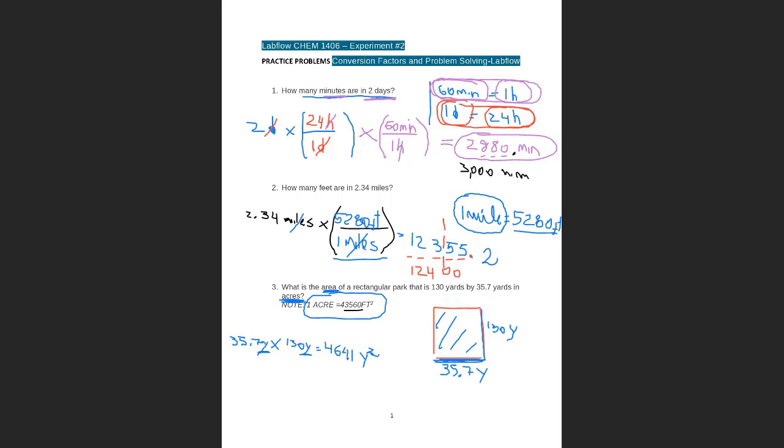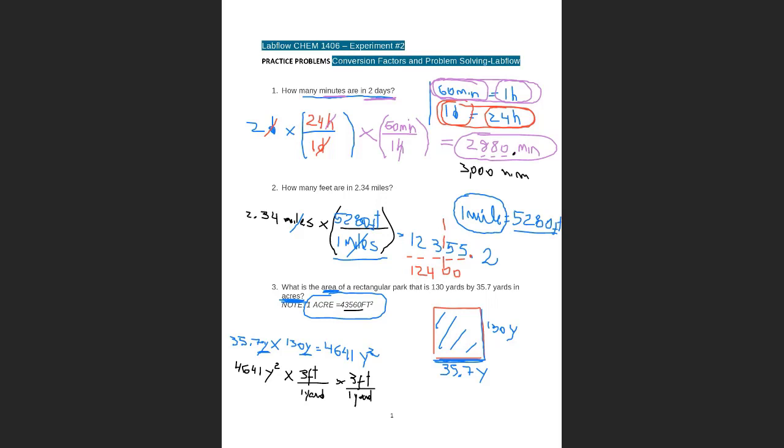So now, 4641 square yards, I will convert it to feet. But be careful because it has a square. So I know that 3 feet equals 1 yard. But because I have square yards and I need square feet, I will put it twice. 3 feet and 1 yard.